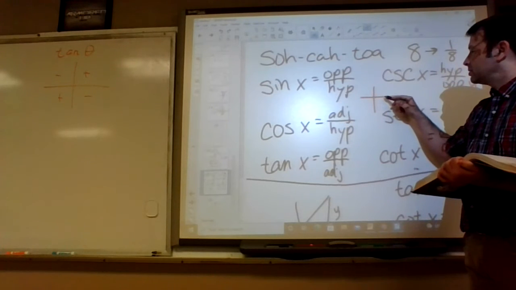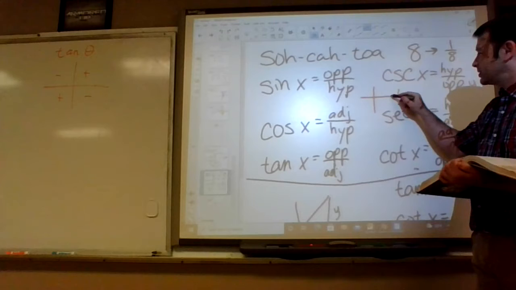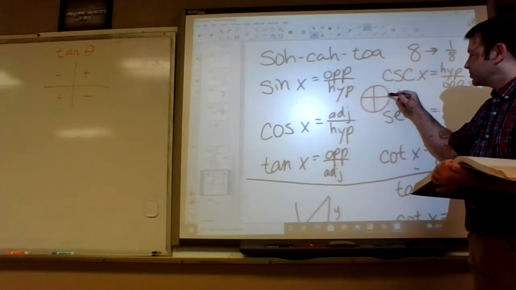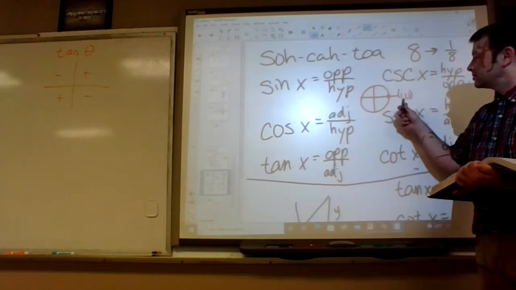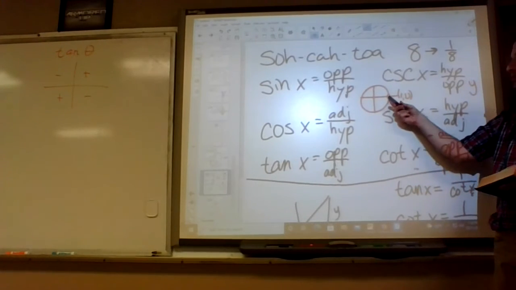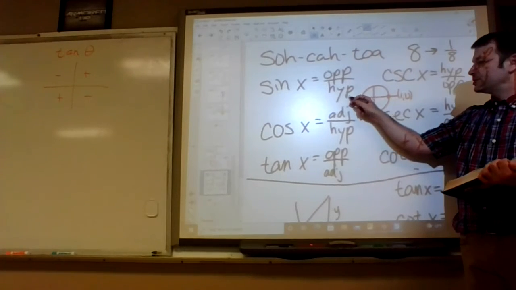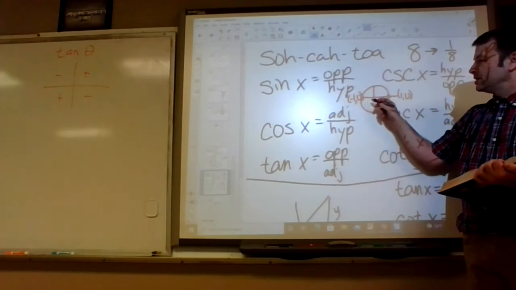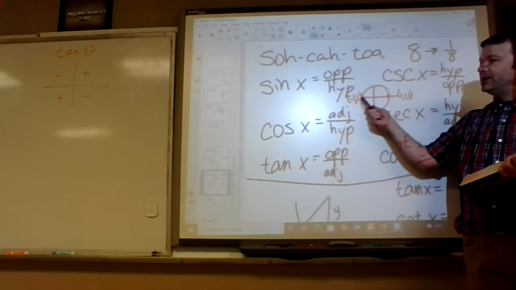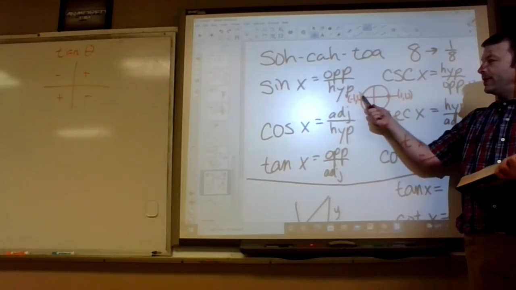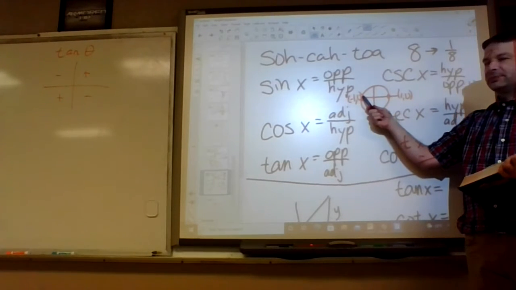Wait, no. Okay. 0 or 180? Right here, for example, on the unit circle. This point is at 1, 0, right? So the y value is 0 right here. It's also 0 right here. This is negative 1, 0. So at those 2 points, 0, 180, or 0, pi, it's not going to work, it's undefined.